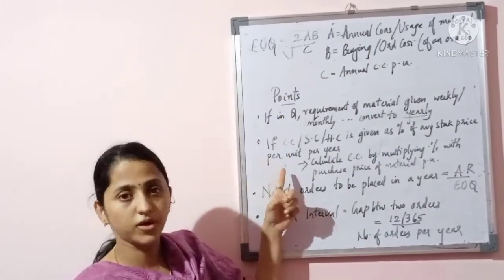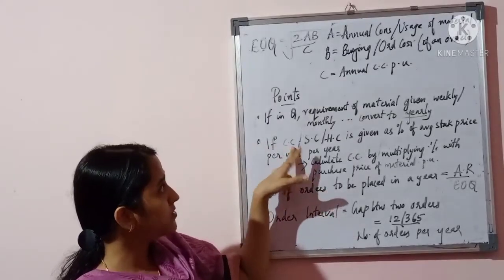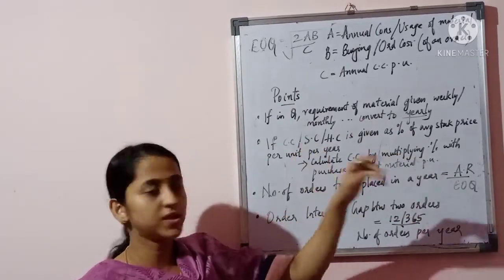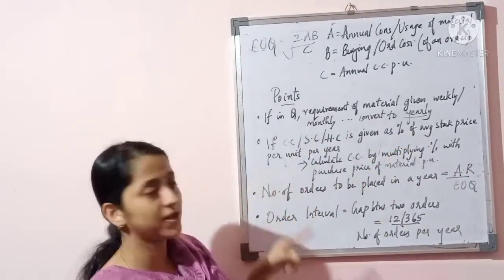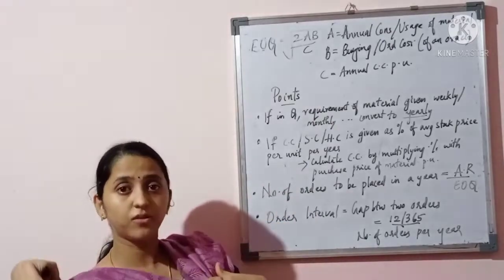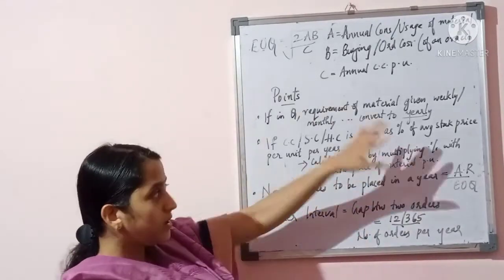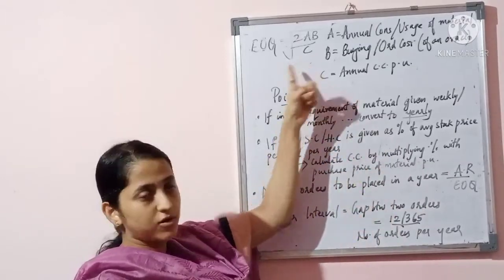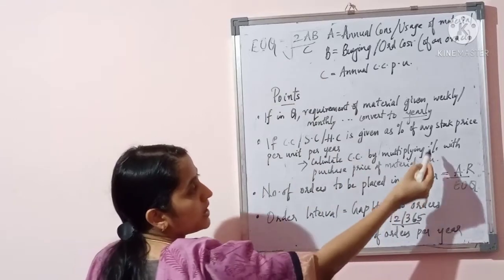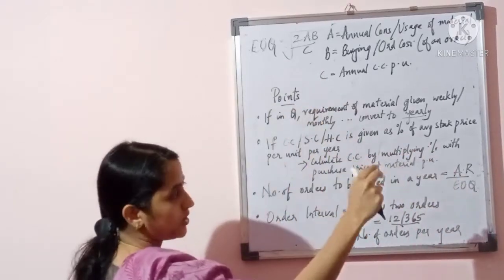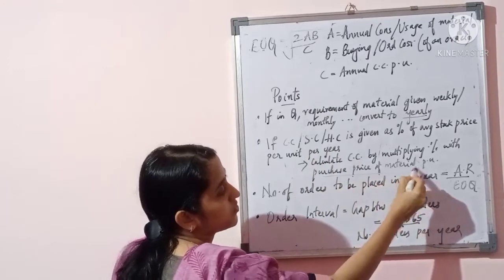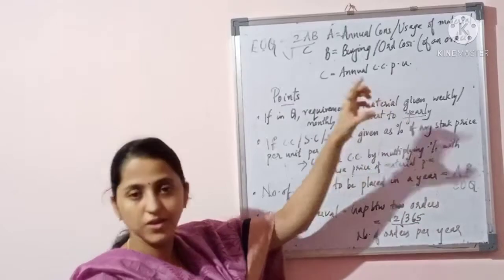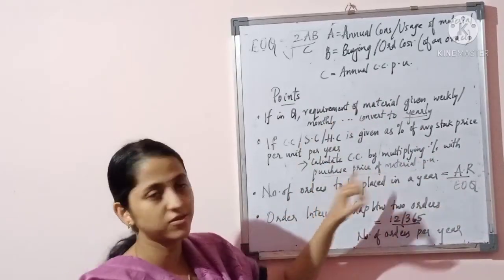Similarly, another confusing point is that sometimes the carrying cost, that is C, will be given as a percentage, a percentage of average stock price per unit per year. In those cases we have to calculate C, the carrying cost, by multiplying the given percentage with the purchase price of material per unit, which will also be given.